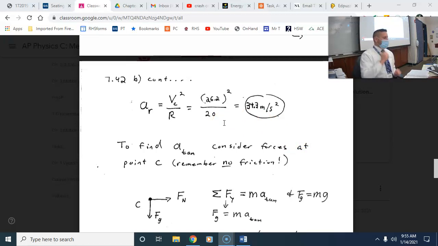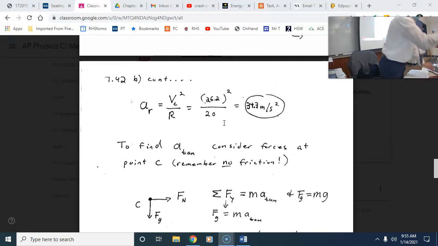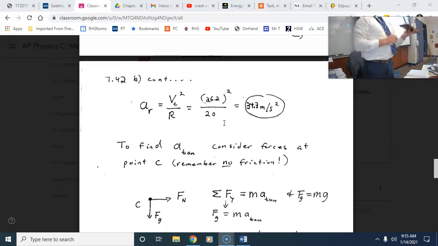Now, something like a roller coaster going around a circle is not in uniform circular motion. If you recall, uniform circular motion is going through the circle at a constant what? Almost. You can't say velocity because direction always changes. Constant speed, right?